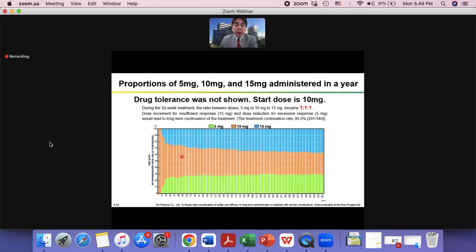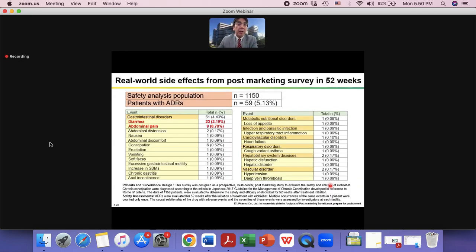After a 1 year period, 33% were taking 15 milligram, 33% taking 10 milligram, and 33% taking 5 milligram. So the dose increase or dose reduction is very important to get satisfaction for the patient.